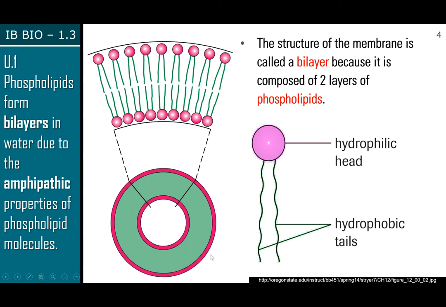The structure of the membrane is called a bilayer because it's composed of two layers of phospholipids, a top layer and a bottom layer, and those layers are inverted. And you can see here's a circle representing the cell, and you have the glycerol heads on the outside and the glycerol heads on the inside, and the hydrophobic fatty acid tails point inwards.